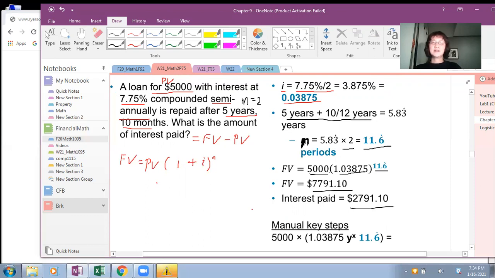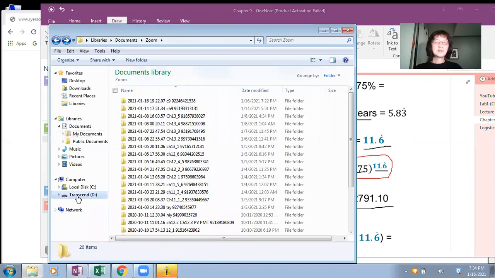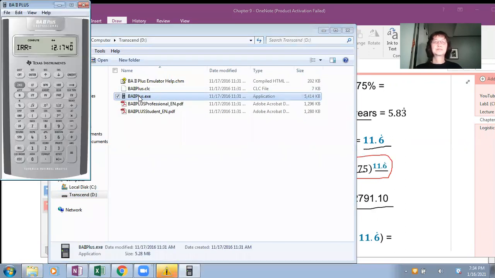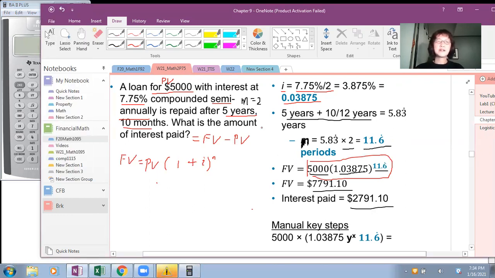In this step, you can use a calculator. Any calculator can do this calculation. So now I'm going to show you the financial calculator. How do I figure out this one in a calculator?